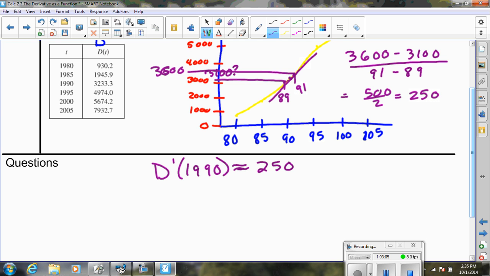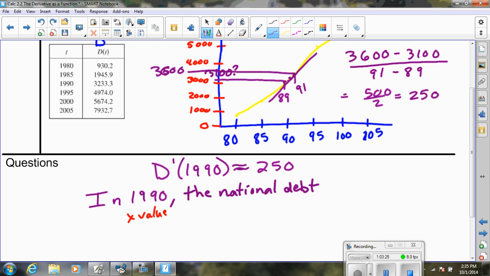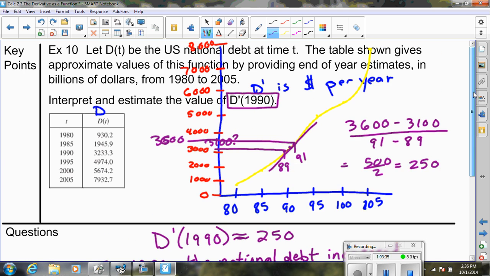Interpret these results. This is a way of saying in 1990, please notice that's the x value, the national debt increased 250, but this is 250 in billions.